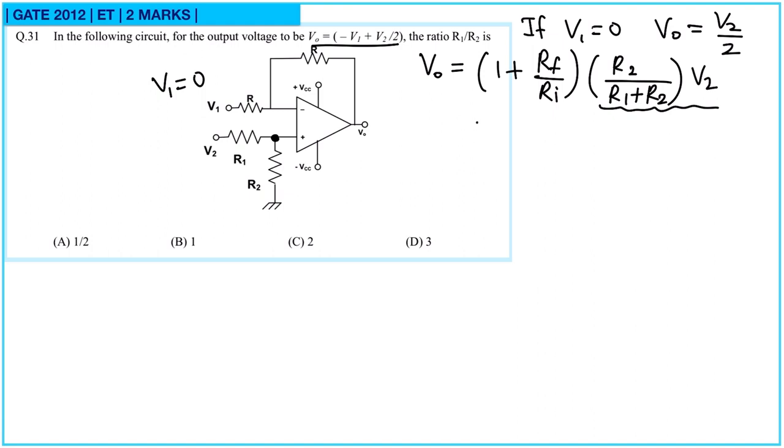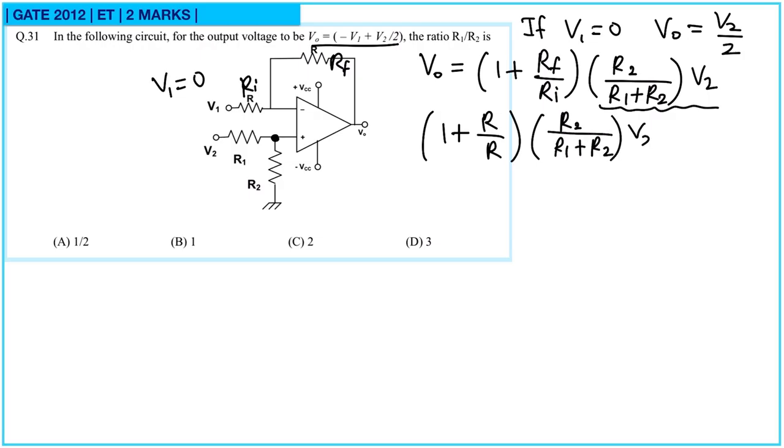So let us solve this. This will be 1 plus RF upon RI, and RF is R and RI is also R. And we have R2 upon R1 plus R2 into V2.